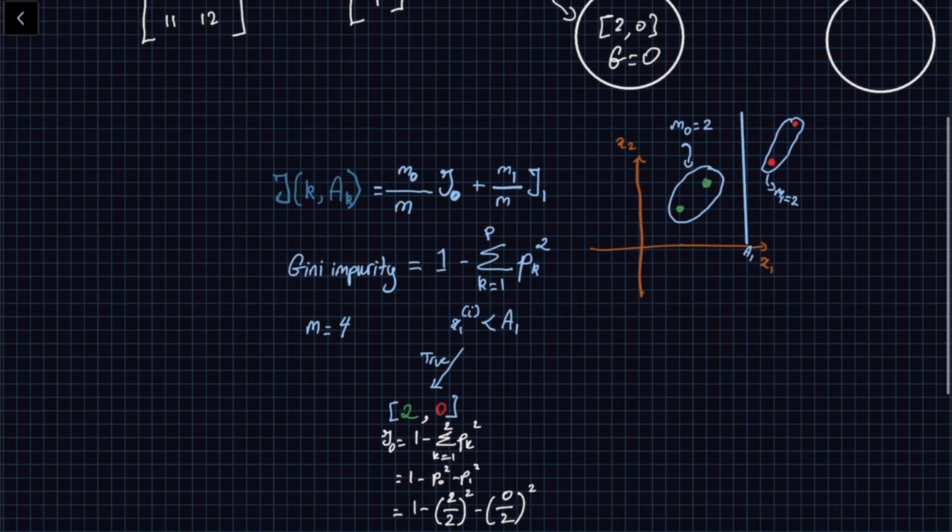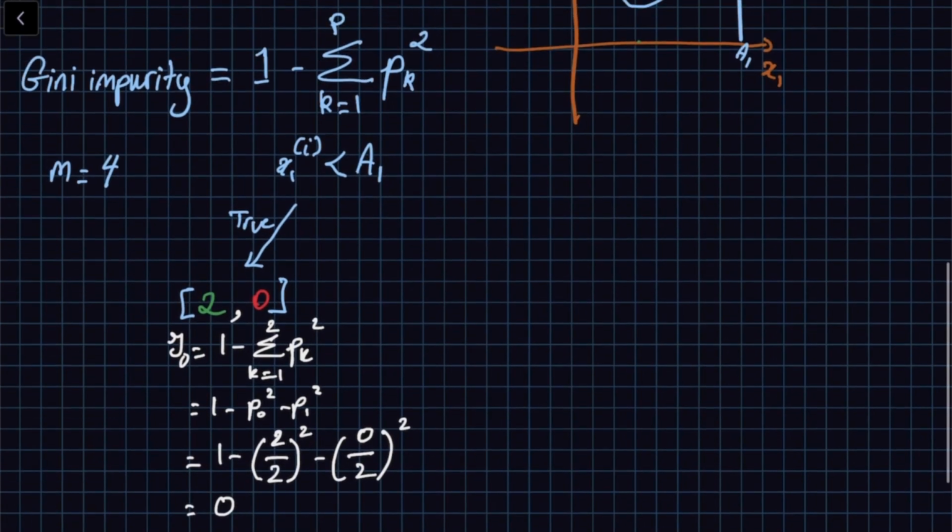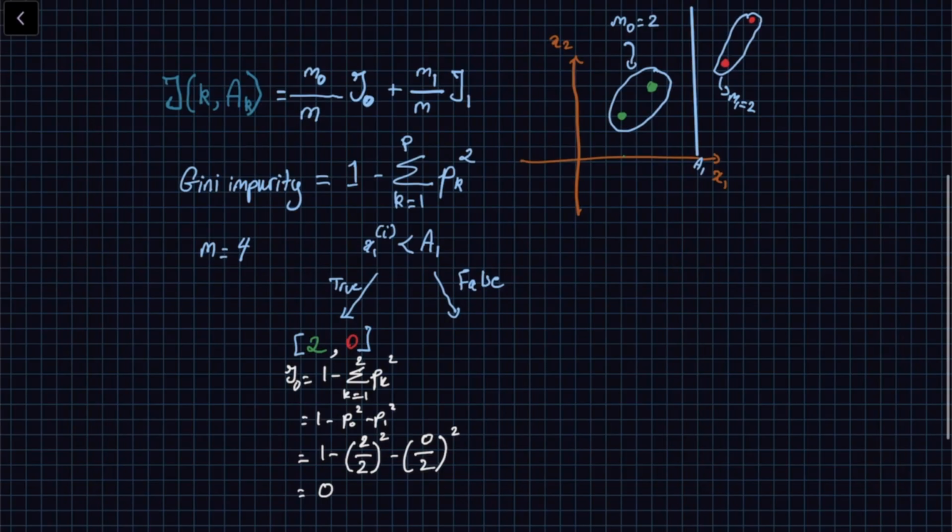Now, let's go to J1. J1 is when your x1 is greater than A1. What do we have? Well, if this is false, then really all we have is the inverse logic. That is, we've got 0 samples classified as class 0, whereas 2 samples classified as class 1.